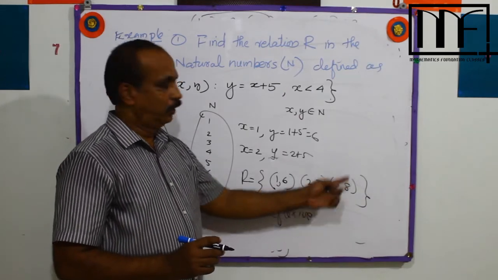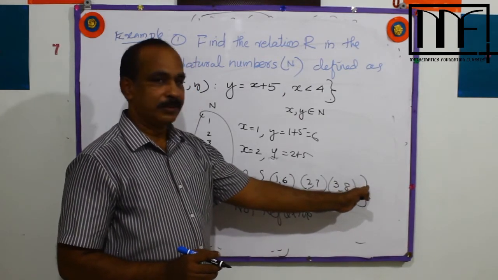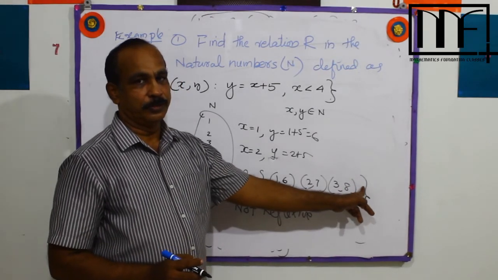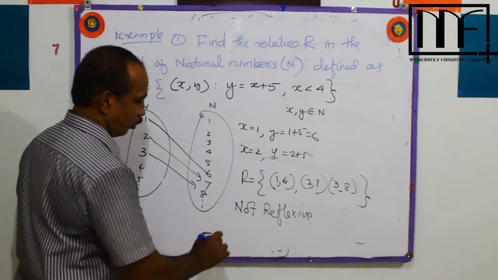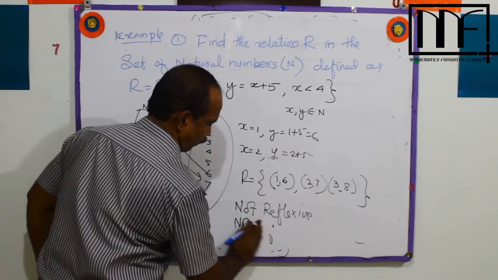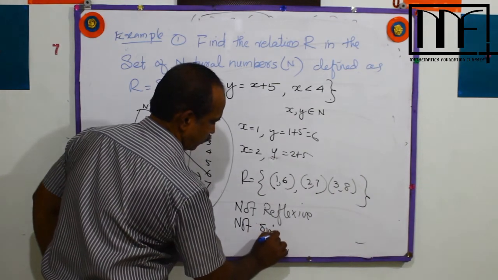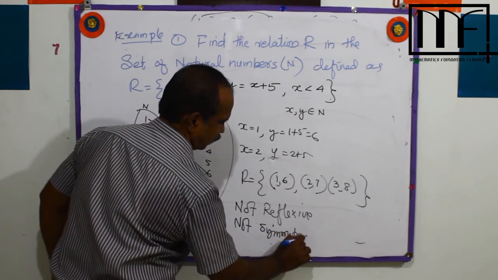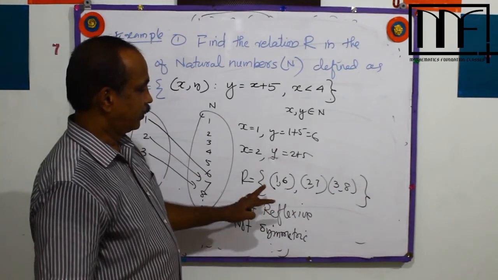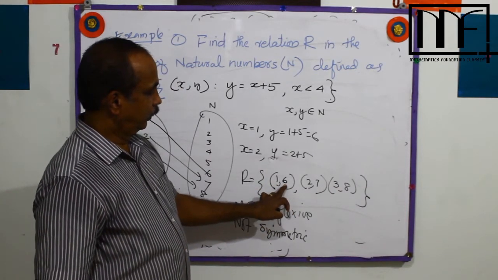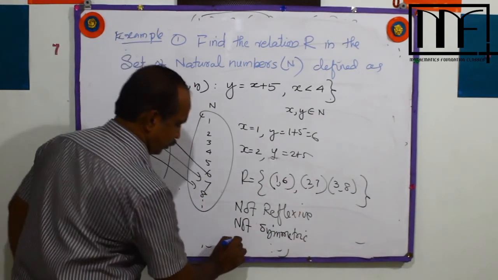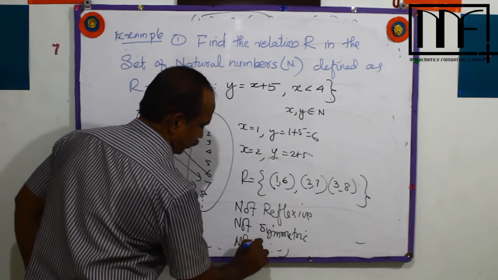If (2, 7) is there, we need (7, 2), and if (3, 8) is there, (8, 3) must also be there. Therefore, it is not symmetric. It is also not transitive, because (1, 6) is there, and if (6, 8) were there, then we could say (1, 8), but these are not there. Therefore it is not transitive.